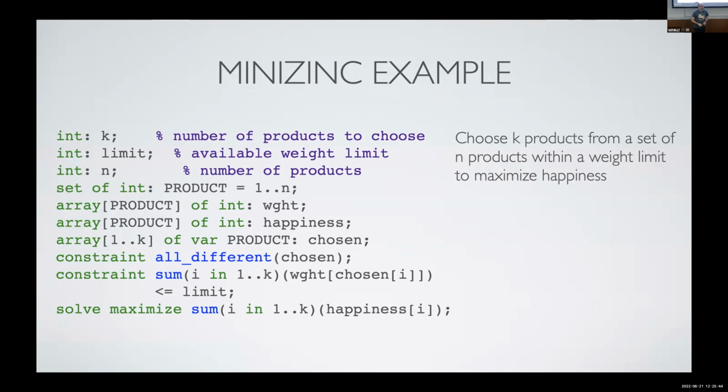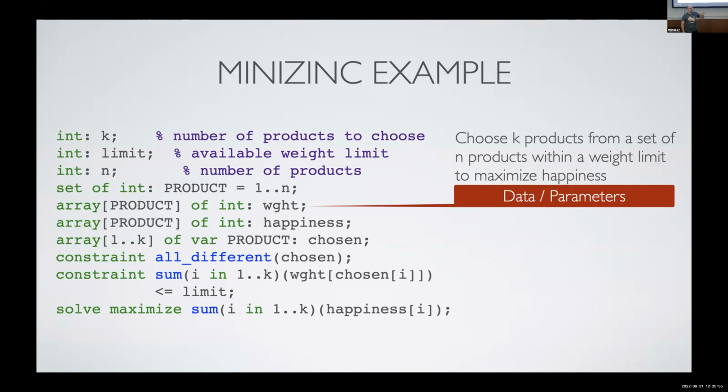I'm defining a set of integers to abstract the set of products. Then we have some data coming in from the outside: for each product, the weight, which is an integer, and the happiness we derive from choosing that product.